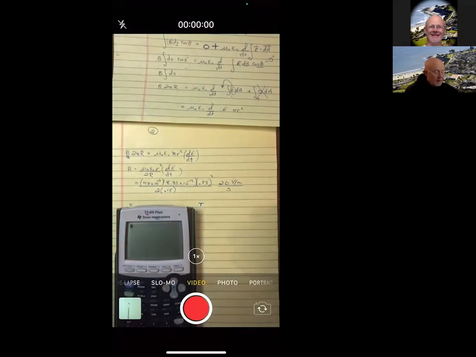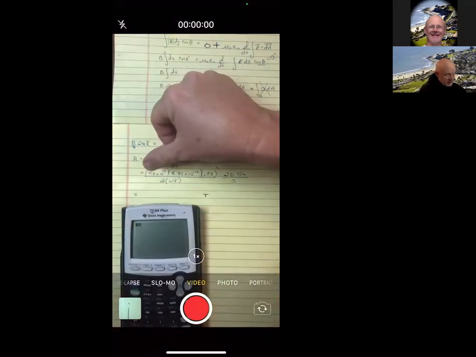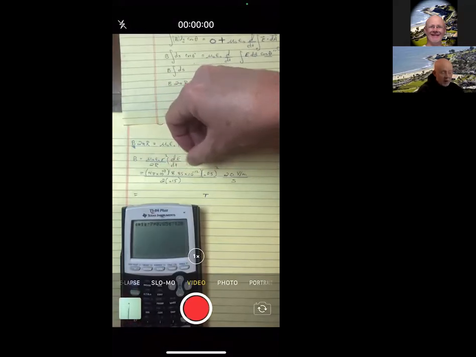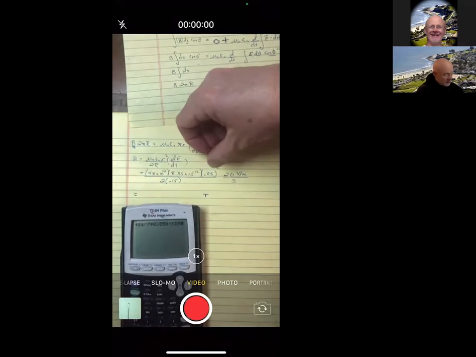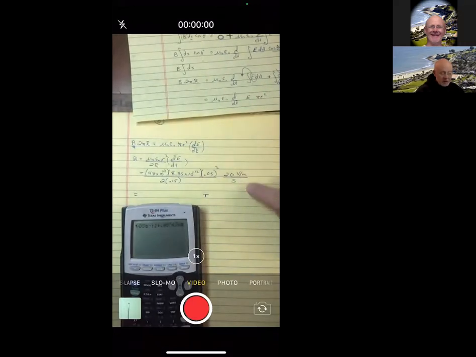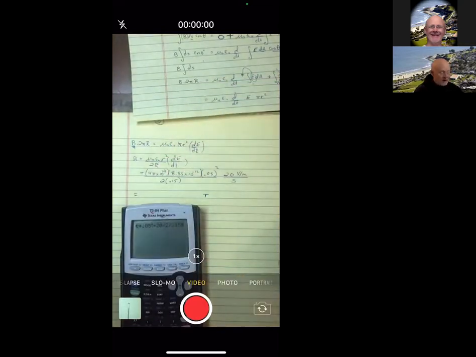Okay. Let's see. Let's look at the numbers here. So this would be 4 times pi times 10 to the negative 7, 8.85 times 10 to the negative 12 times 0.05 squared times a 20, divided by a 2 and divided by a 0.15.